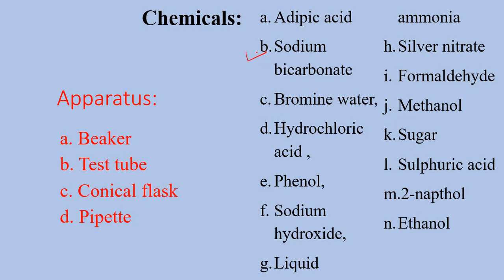They are sodium bicarbonate, bromine water, hydrochloric acid, sodium hydroxide, liquid ammonia, then silver nitrate. These are the different chemical compounds required to perform the reactions, and all the others are some functional group containing compounds. Also, sulfuric acid is used as an inorganic solvent.